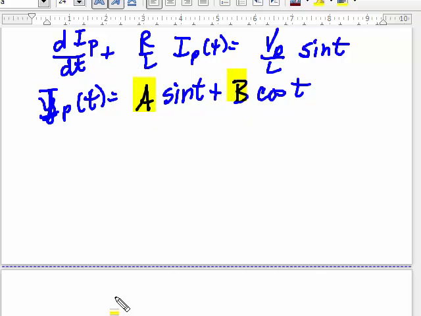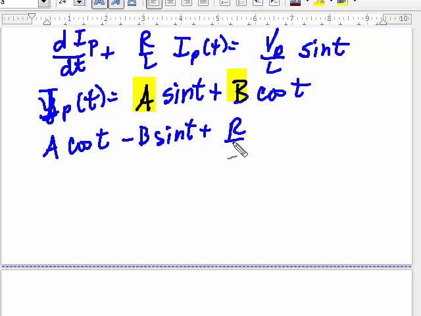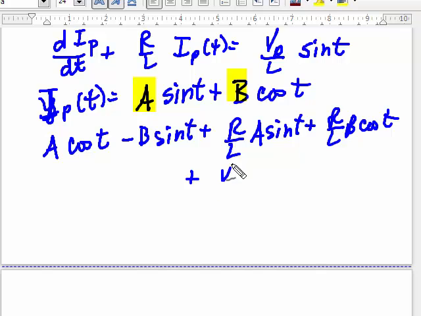You see here we've done no integration at all to get this solution. So when I put this through the equation, I have to take the derivative. So I've got a cosine t minus b sine t plus R over L times a sine t plus R over L times b cosine t, and that has to equal Vp over L times the sine of t plus 0 times the cosine of t.